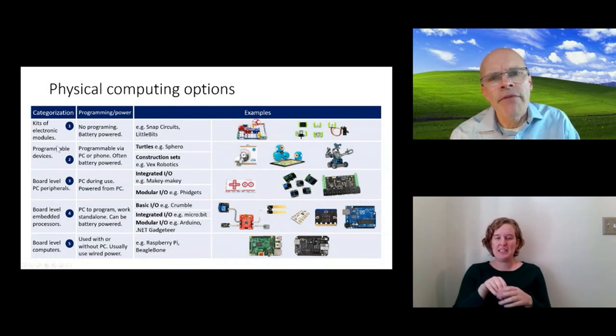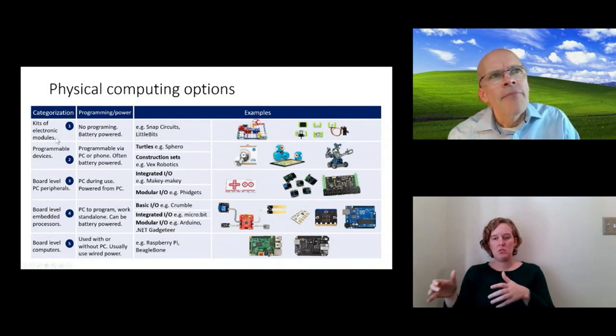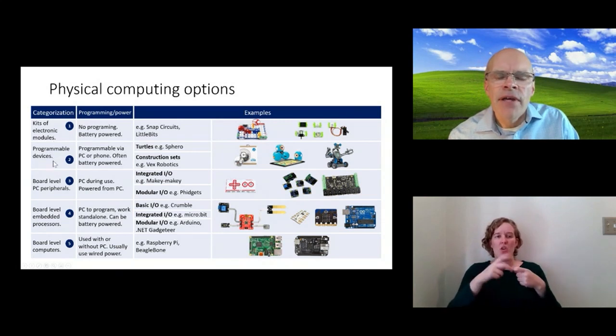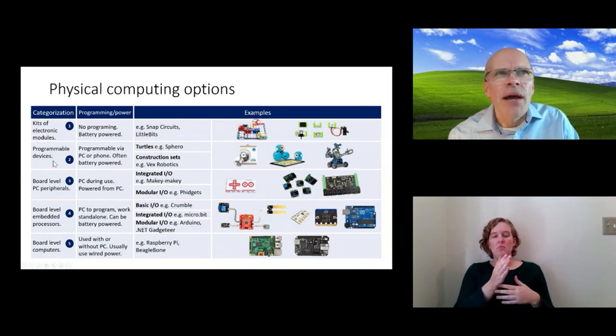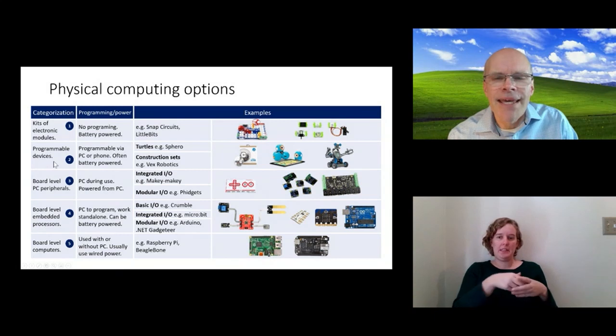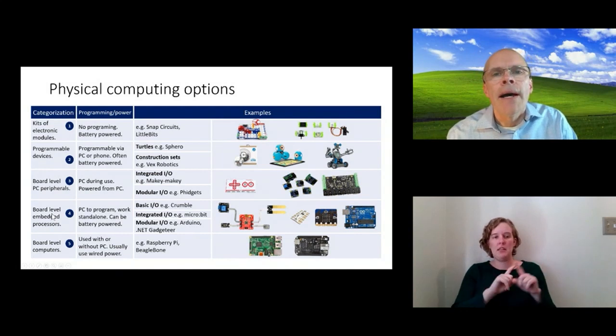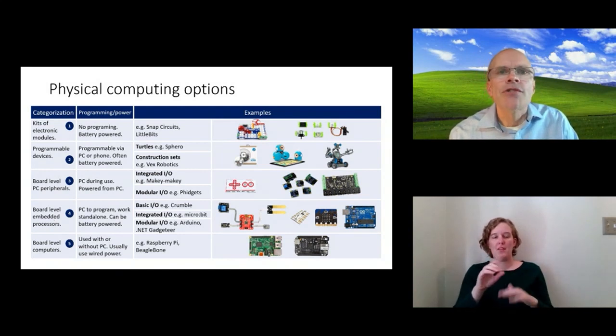On the left, we've categorized these products very broadly. Starting at the top, we've got electronic kits, and then we have more or less self-contained programmable devices, or sometimes modular kits, I guess. And then underneath that, we've got different types of board level solutions.